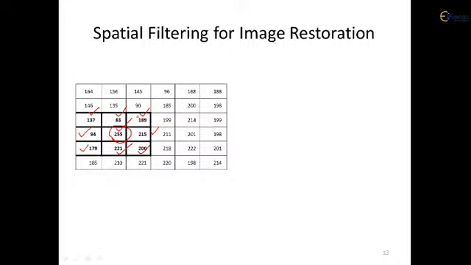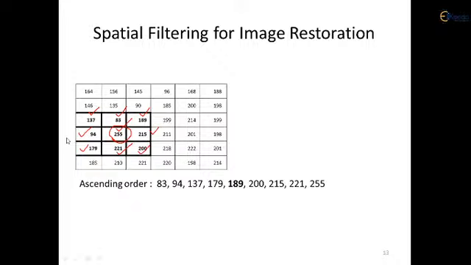So now we have a total of 9 pixel intensities at hand when we apply the neighborhood of dimensions 3 by 3. At this point we just need to order the pixel intensities, and for median filtering we shall work with the ascending order. Either you go for ascending or descending order, the median will be the same. For ascending order we arrange the pixel intensities from smaller to larger values.